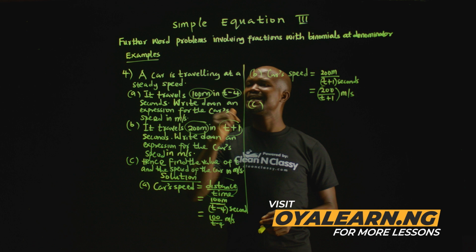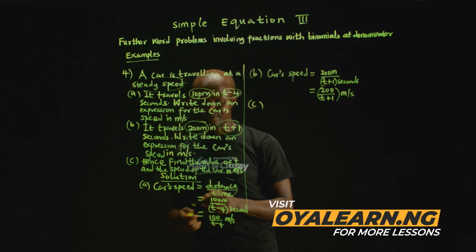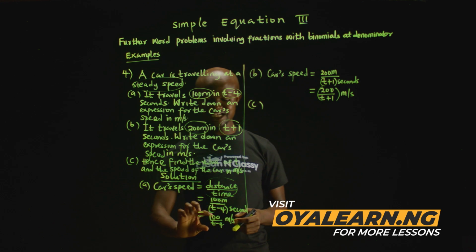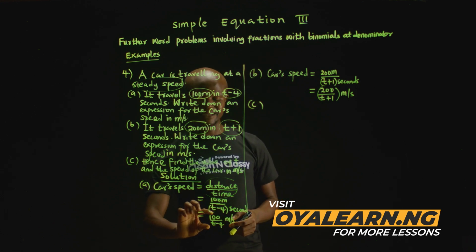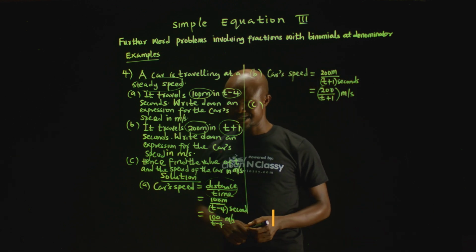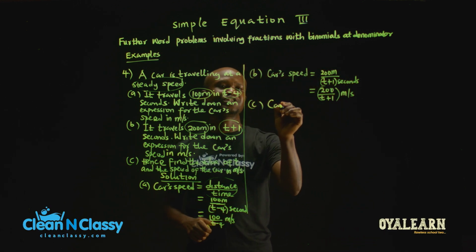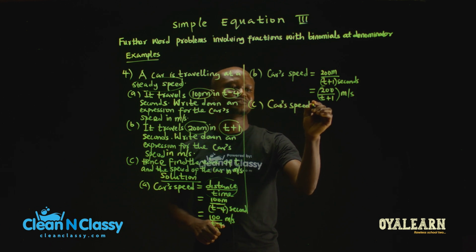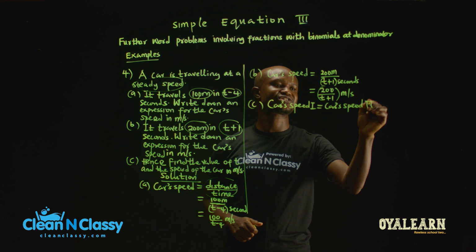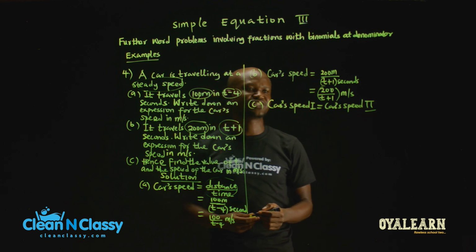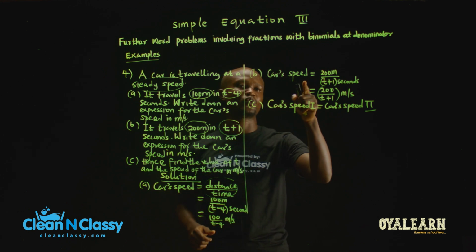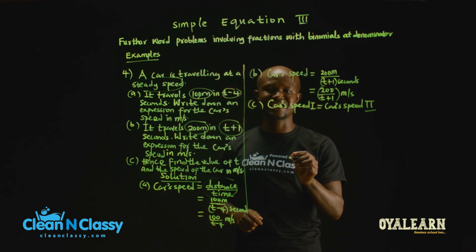Now, we know that the car is traveling at a steady speed, that is, a constant speed. So the speed of the car at this particular time is the same as at this particular time also. Car speed 1 is equal to car speed 2.